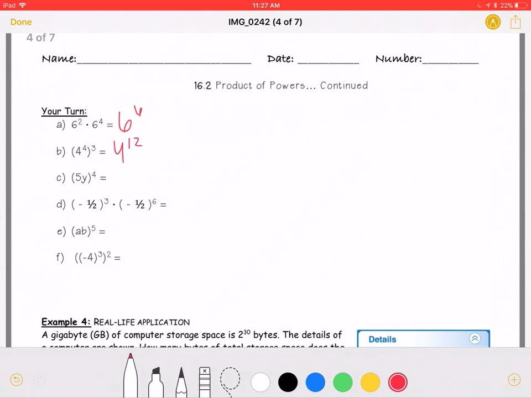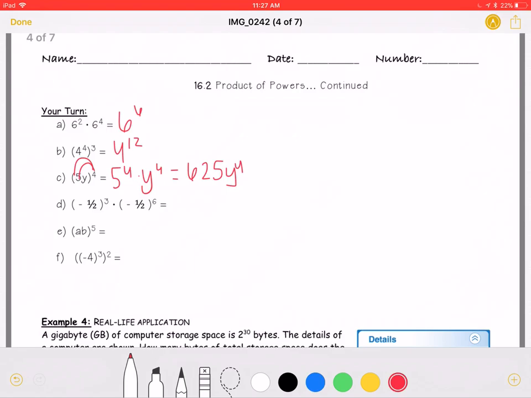So it should be 4 to the 12th. Next one, we have a power of a product. So you should be giving that power to each term. So 5 to the 4th times y to the 4th. Maybe you did 5 to the 4th. You did 5 times 5 times 5 times 5. We'll give you 625 y to the 4th.